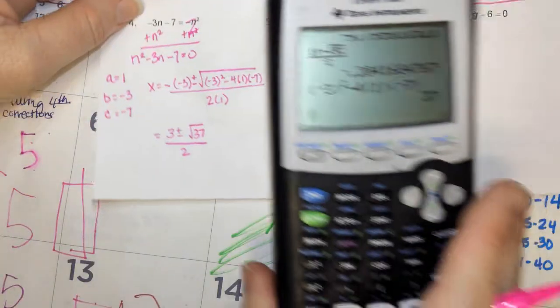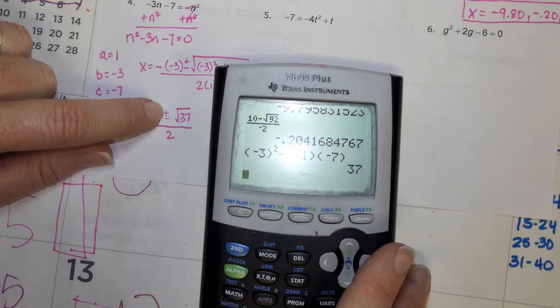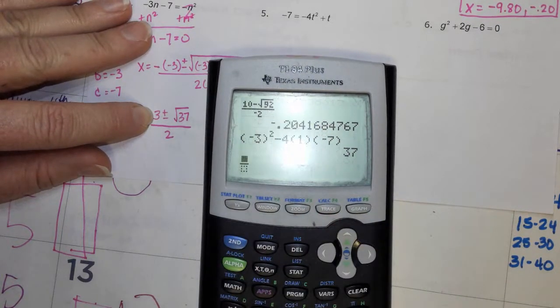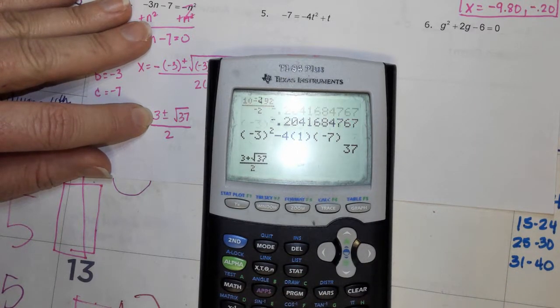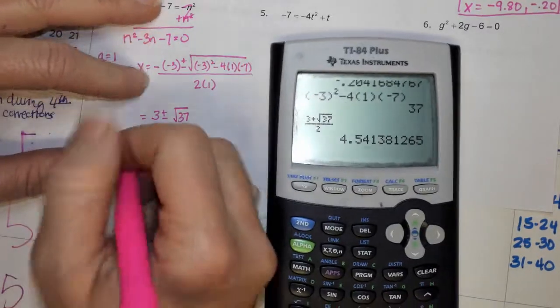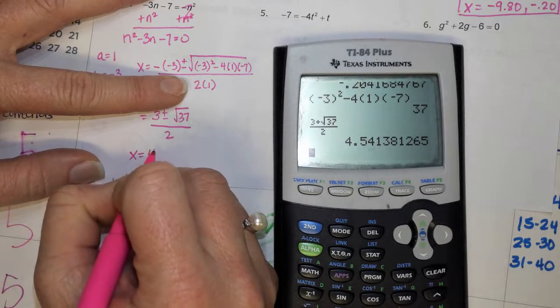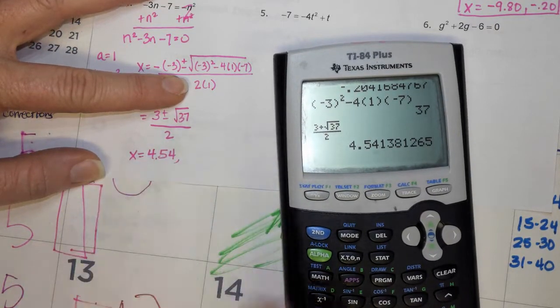All right. So now starting with just the addition part of it, I would have 3 plus the square root of 37 divided by 2. So one of my solutions, rounding to the nearest hundredth, would be 4.54.